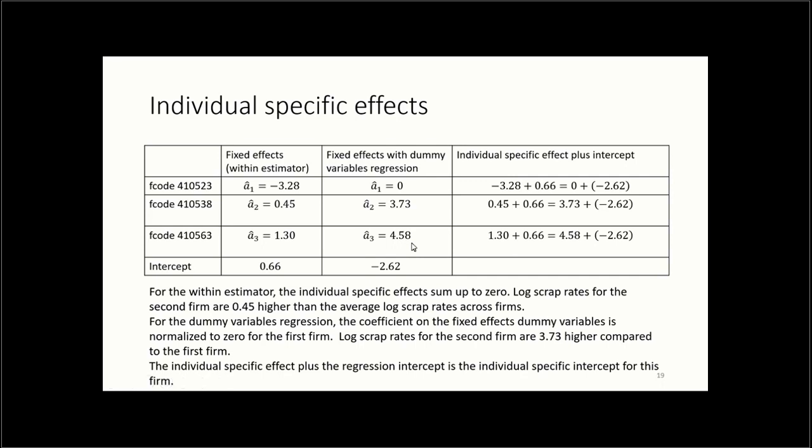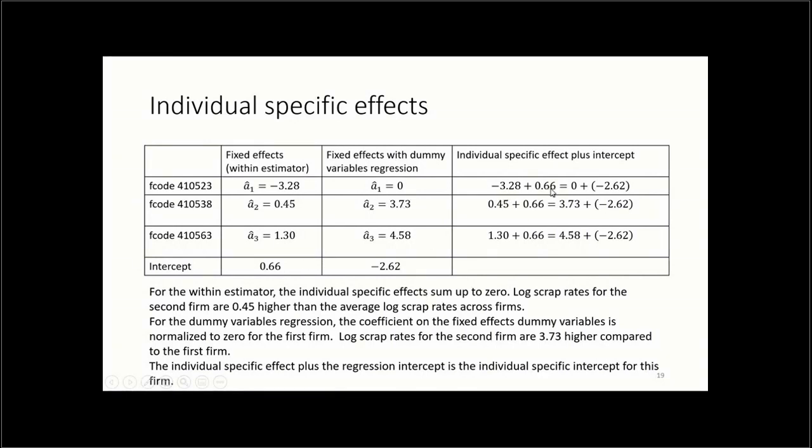And the correspondence is the following. If we want to calculate an individual specific effect plus the intercept, that would be the individual specific effect plus the regression intercept that we see here. That would be the individual specific intercept for that firm. So what we're going to find is that if we sum up this plus this, that would be exactly this plus that.